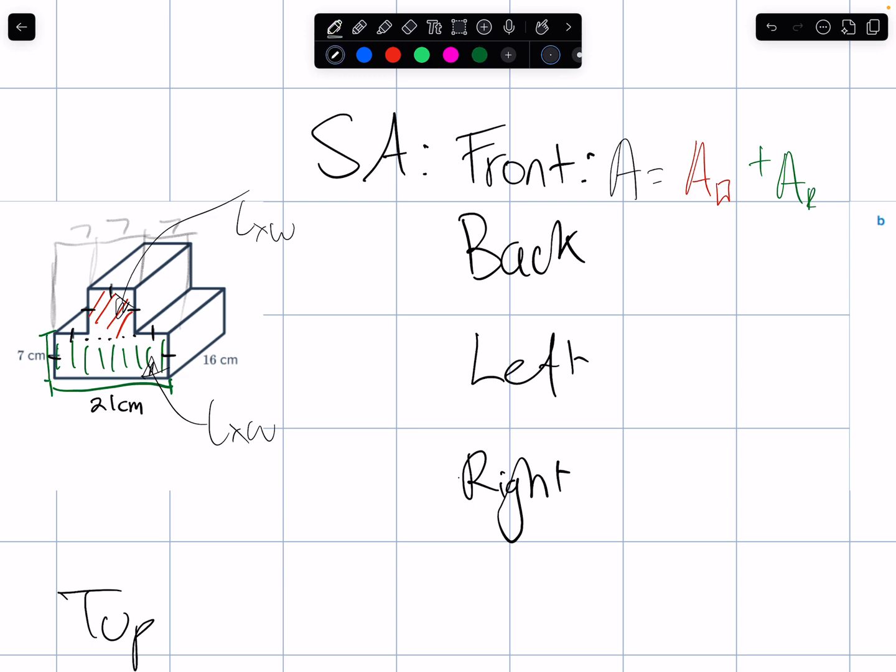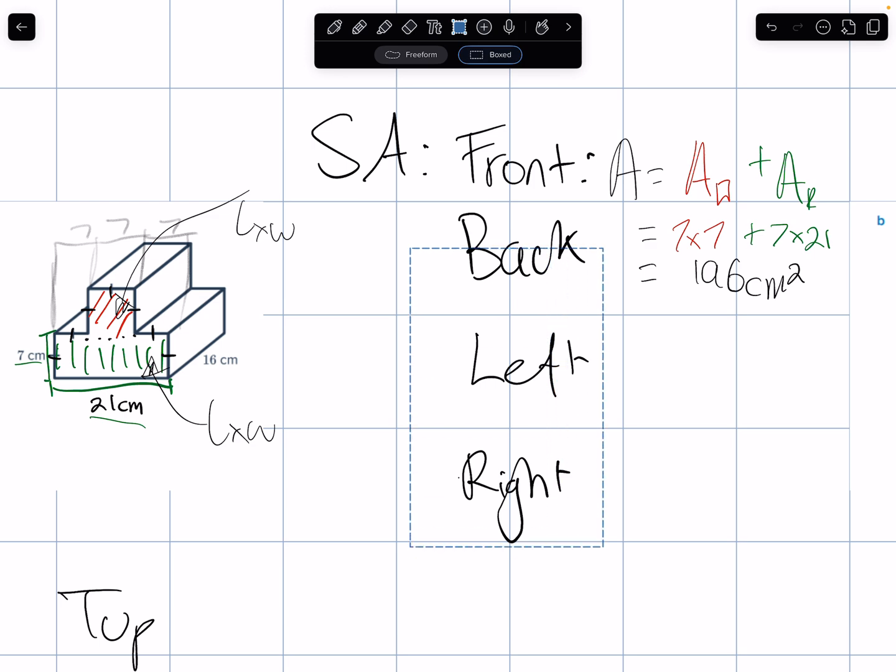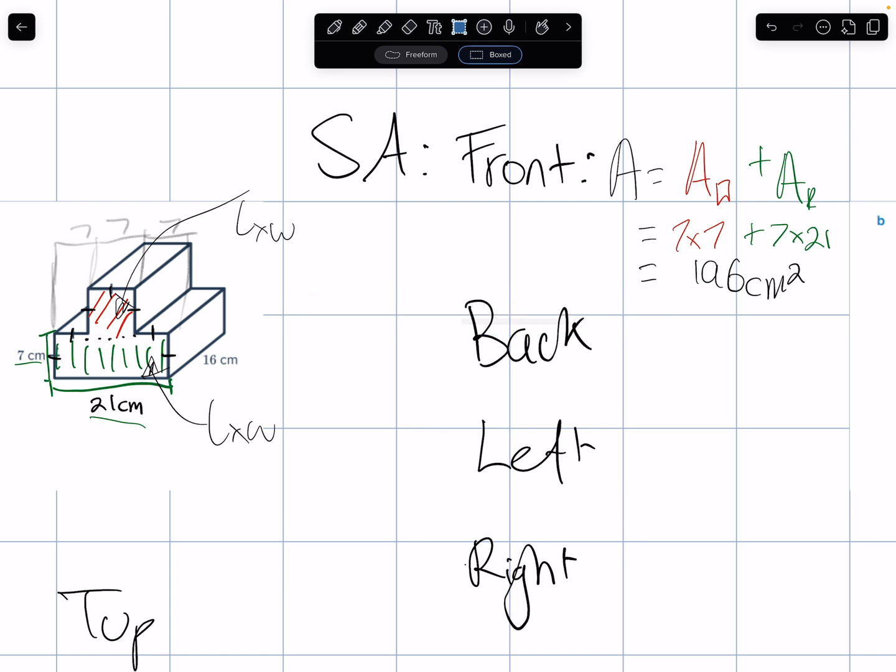Underneath that, the area of our square is 7 times 7, length times width, plus 7 times 21. I'll put it on my calculator: 7 times 7 plus 7 times 21 is equal to 196 centimeters squared. Important, it's square centimeters, okay?